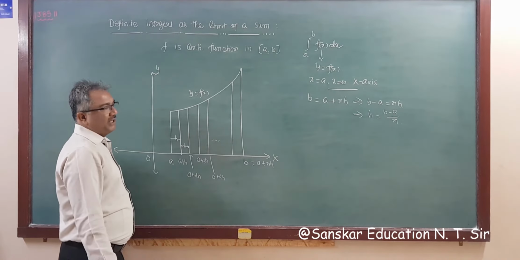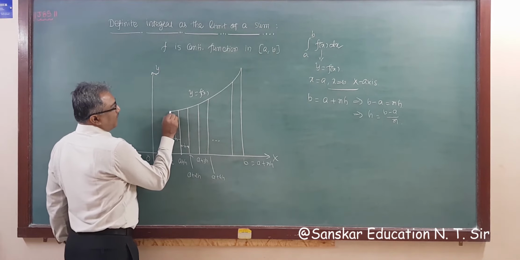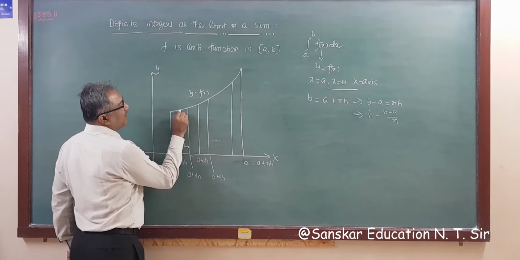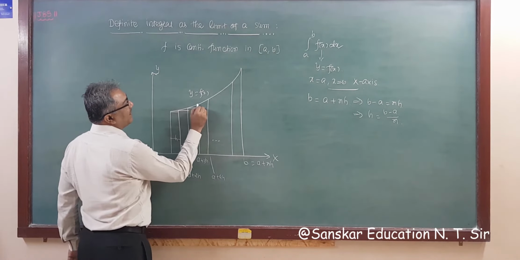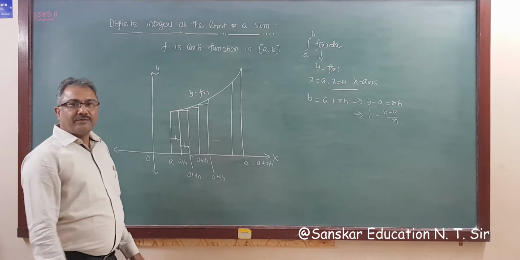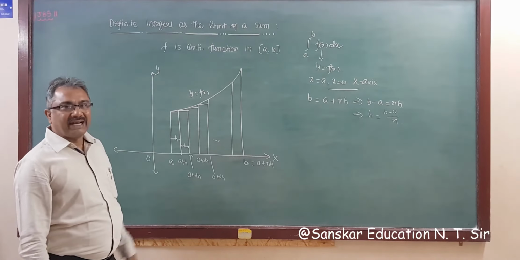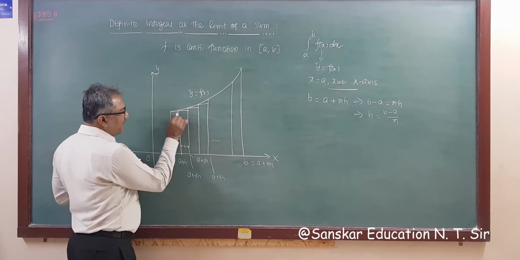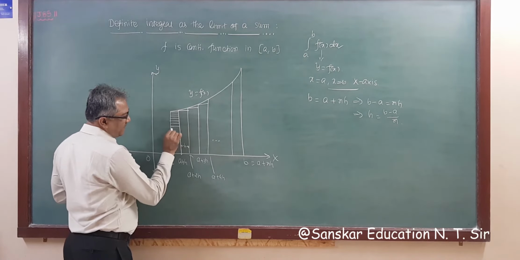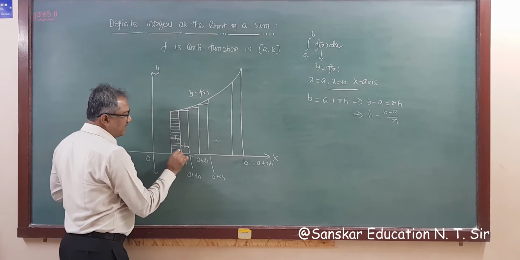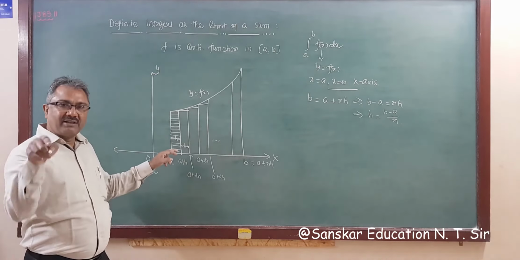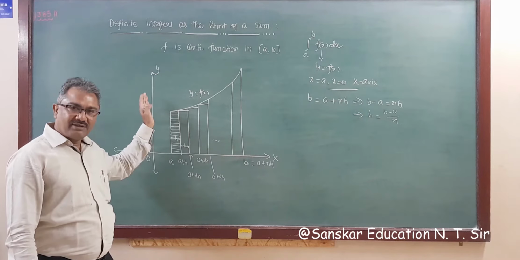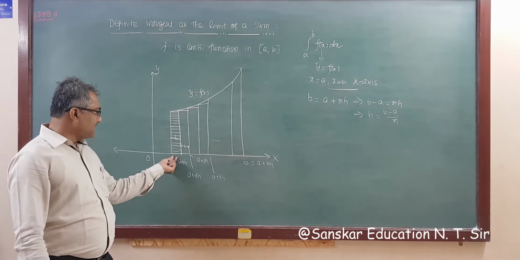Now we have to find the area. We are able to find the area of a rectangle, but this is not a rectangle. So considering this as a rectangle, if we find the area of this first strip, that is a rectangle, and the area of a rectangle is breadth into height, or length, right?